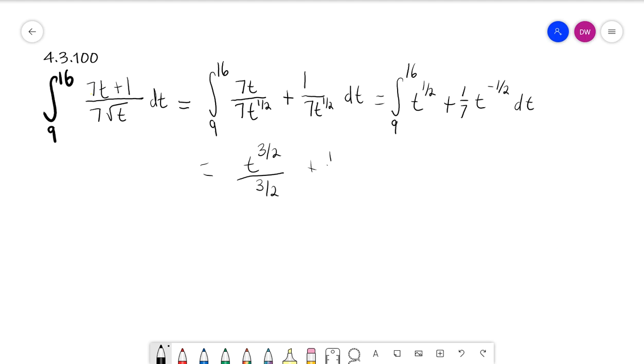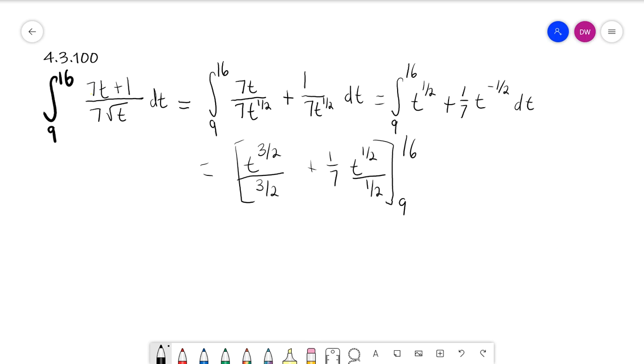Plus 1/7. Add 1 to this exponent. Negative 1/2 plus 1 is 1/2. And then divide by the exponent, 1/2. Okay, and we're going to evaluate that from 9 to 16.